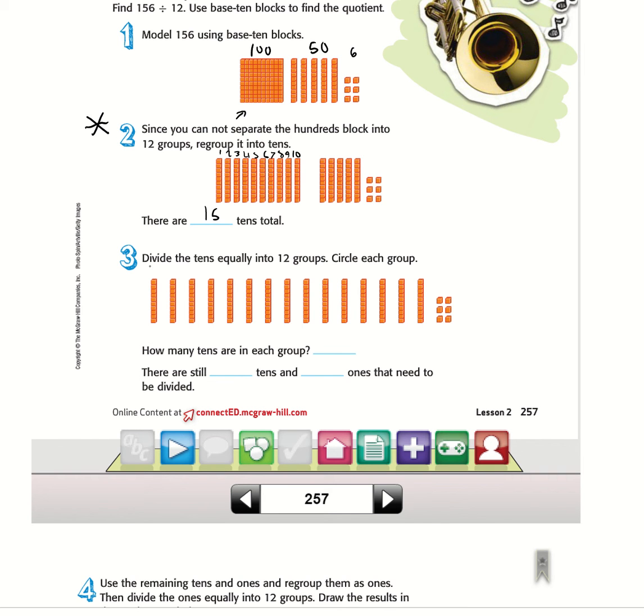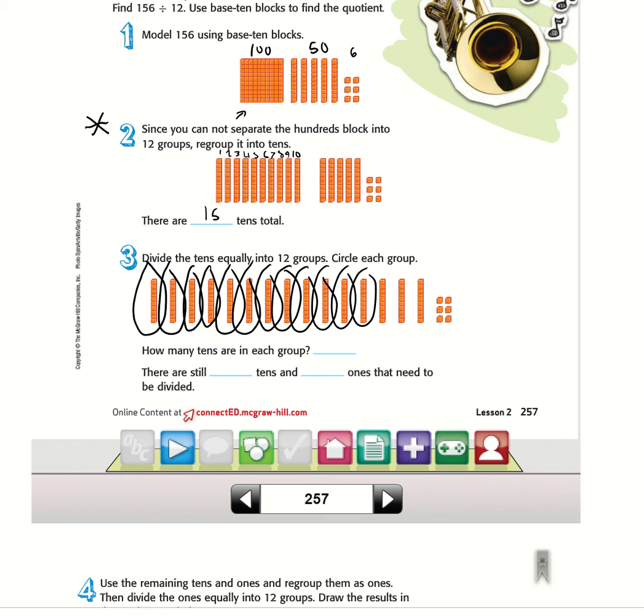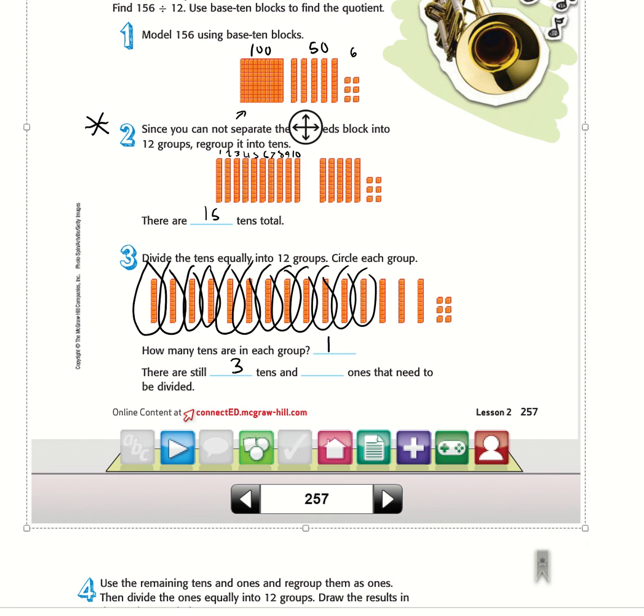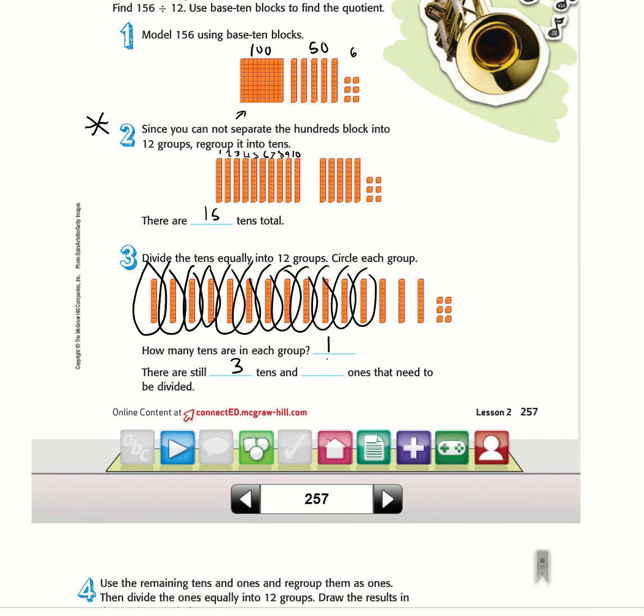We have 1, 2, 3, 4, 5, 6, 7, 8, 9, 10, 11, 12. So how many tens are in each group? We have 1 ten in each group. But we still have 3 tens and 6 ones that need to be divided.